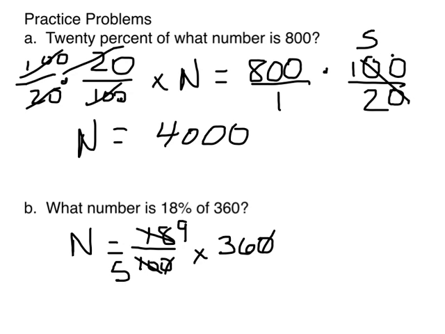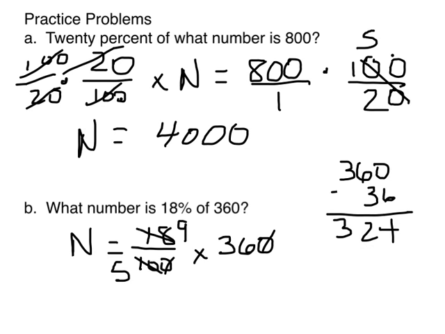So what is that? Well, 36 times 10, here's some mental math for you, would be 360. And 360 minus 36 would be 324.